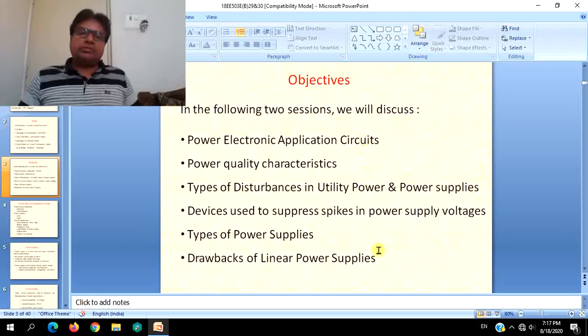So from these objectives, the first three were mainly focused and discussed in the previous session. Power electronic application circuits, what are they? Power quality characteristics, types of disturbances in utility power and power supplies.